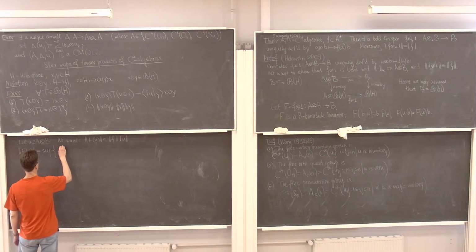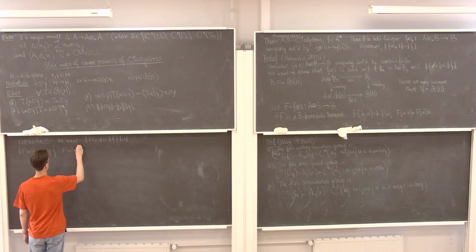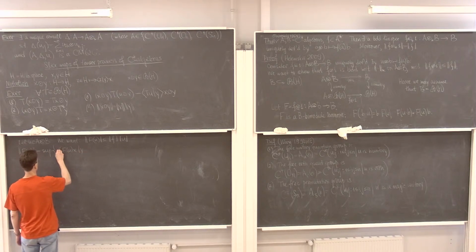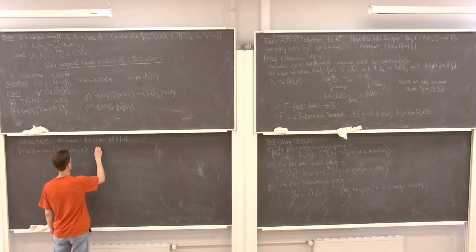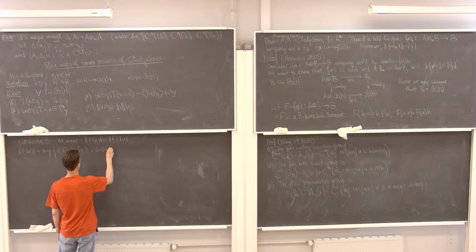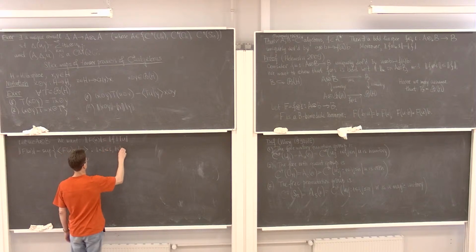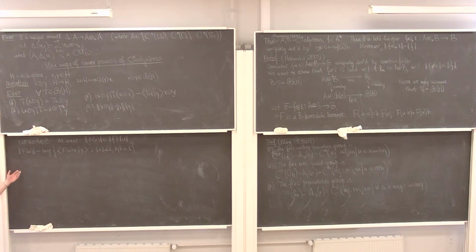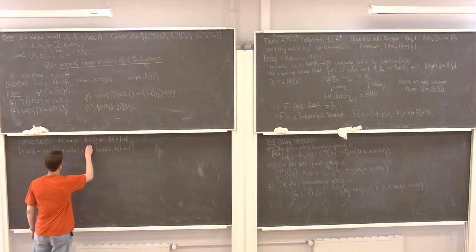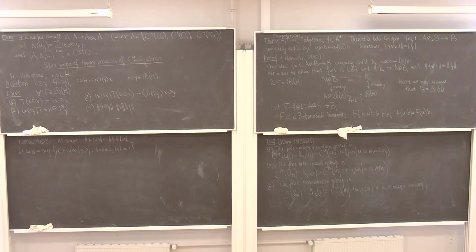We act by F of u on vector x, take the inner product with y, with the absolute value, and let x and y run over the unit ball of H. This is a standard formula which is true for any bounded linear operator on the Hilbert space.